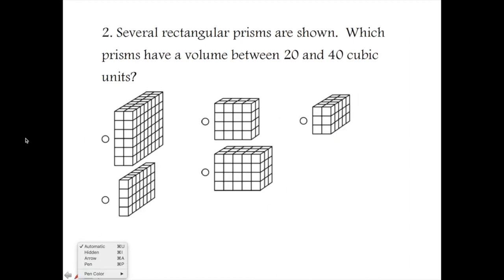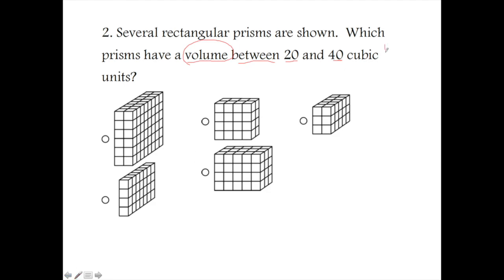This is the last one we're going to do. It says, separate rectangular prisms are shown. Which prisms have a volume between 20 and 40 cubic units? So whichever ones have a volume that is between 20 and 40, we're going to select it as an answer.